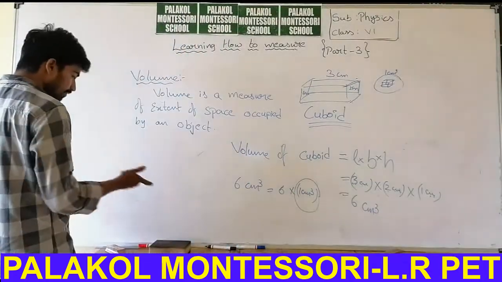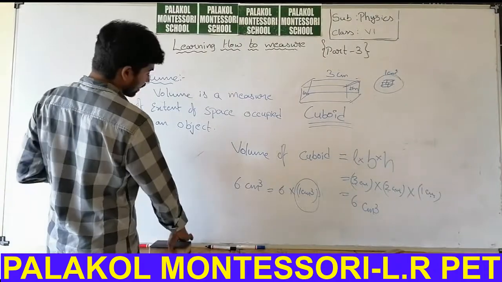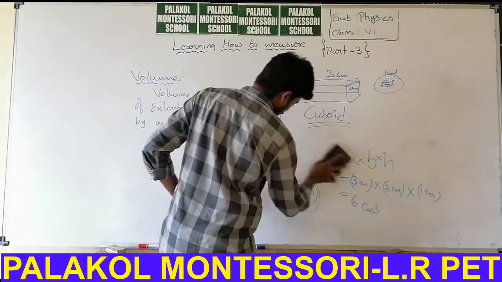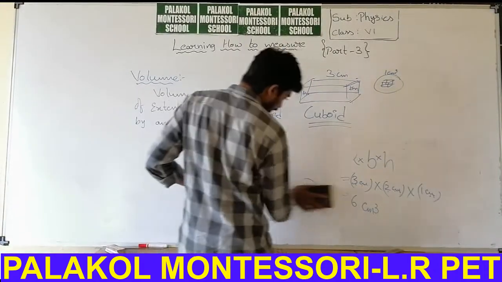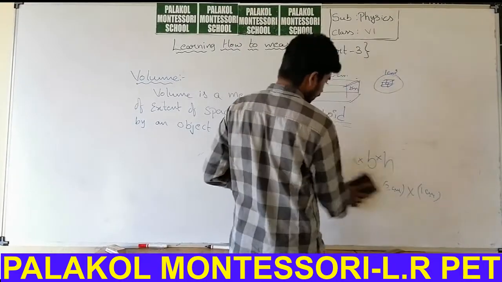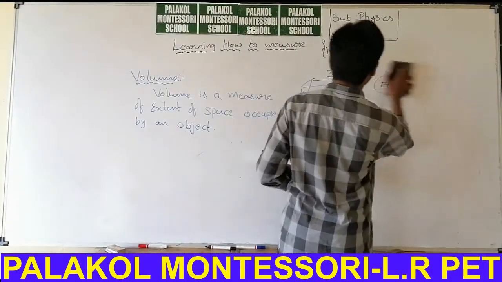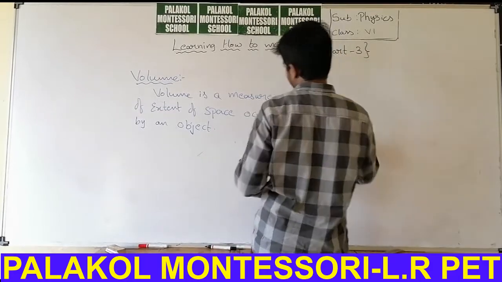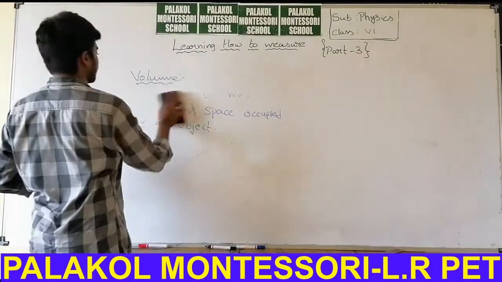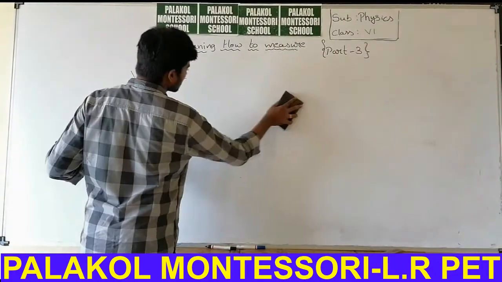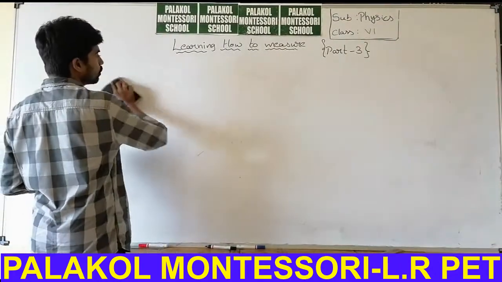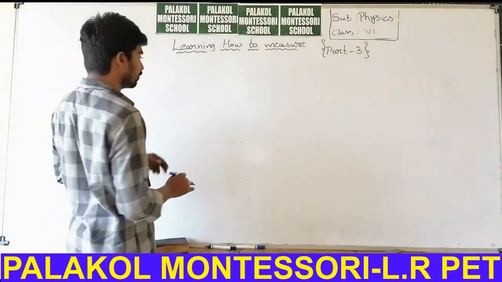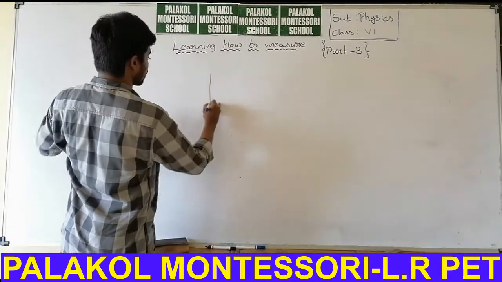For example, liquids also occupy some volume. How can we measure the volume occupied by a liquid? There are some measuring jars. To measure the volume of a liquid, we use a measuring jar.